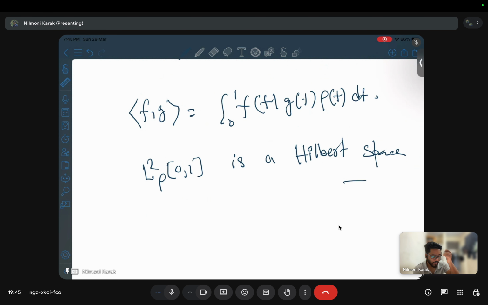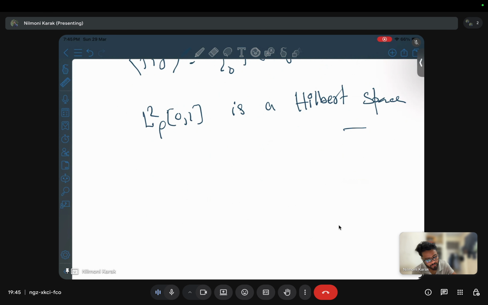This space is needed to study the Sturm-Liouville problem.